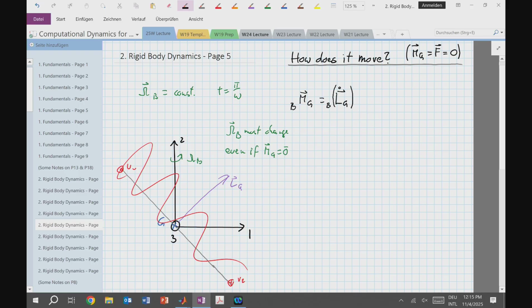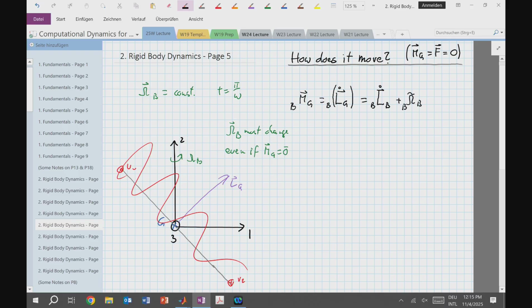When I express a physical derivative in a coordinate system, I have to make sure that I really say I want this physical derivative in b coordinates. What I wrote down was the change of numbers of L dot, right? And those two are connected through the transport theorem. So if I resolve this, I get the numerical derivative plus this expression that comes from the transport theorem.